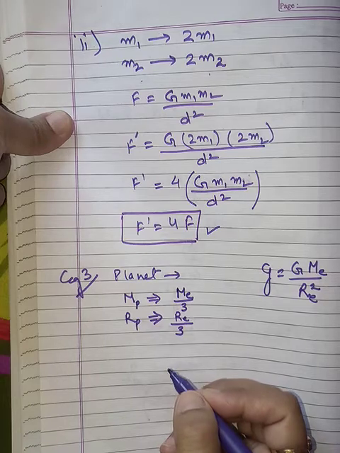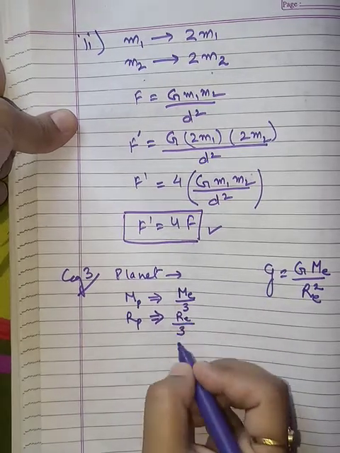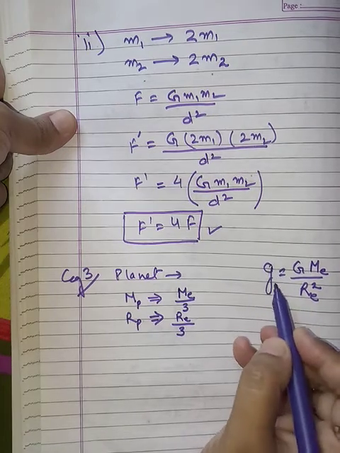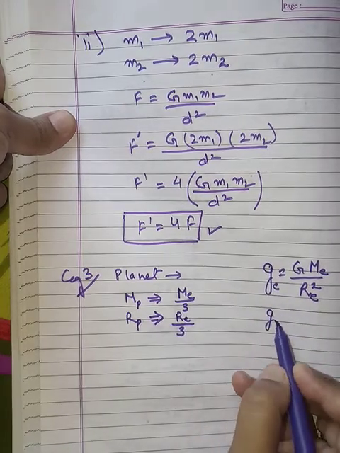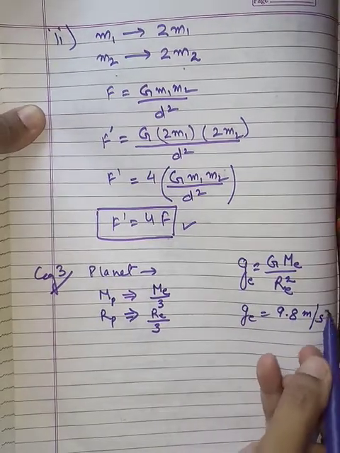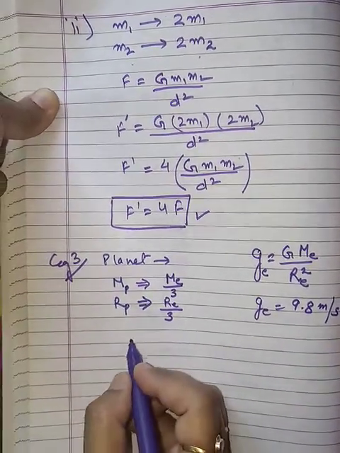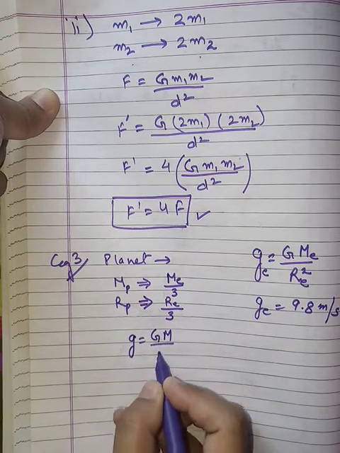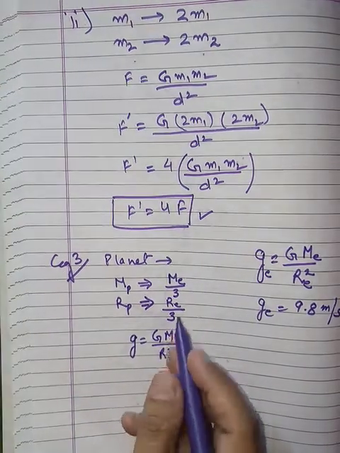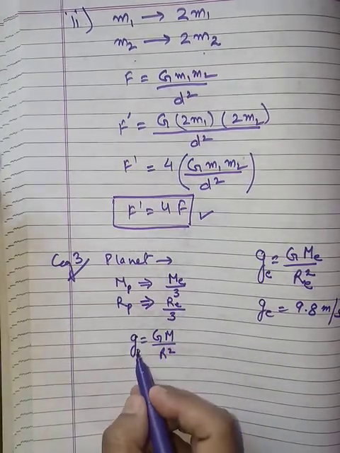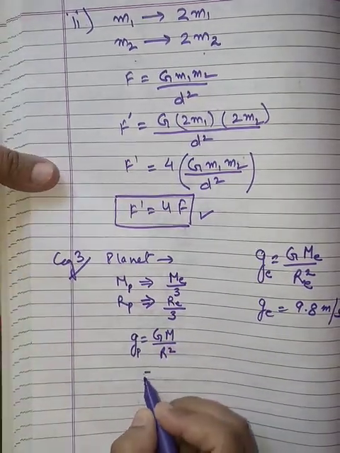According to these values, now what will be the value of g? Let us say the value of g on Earth, gE, is 9.8 meter per second square, that we know. Now in this formula G capital M by R square, we will put these values. The new g is gP for the new planet.